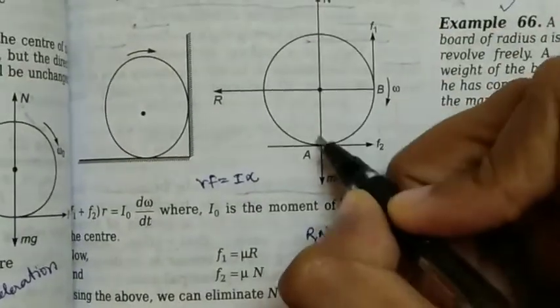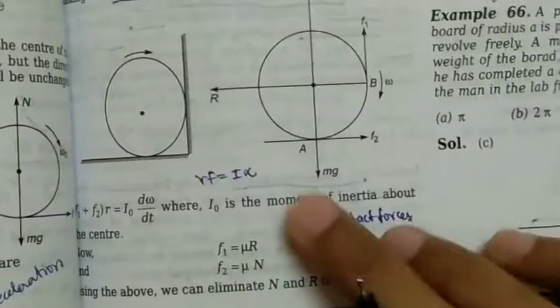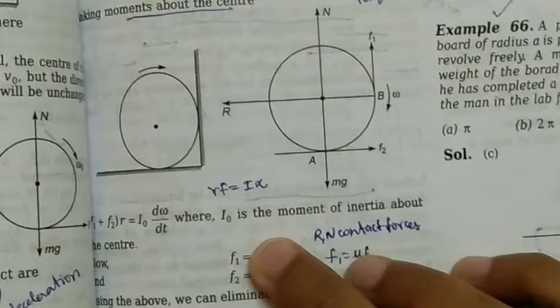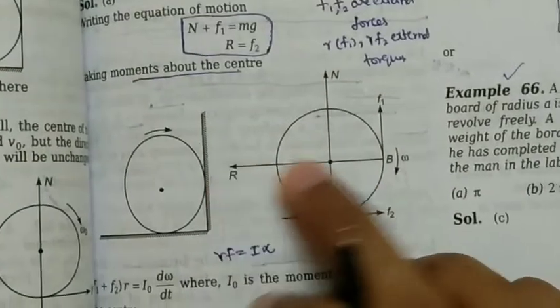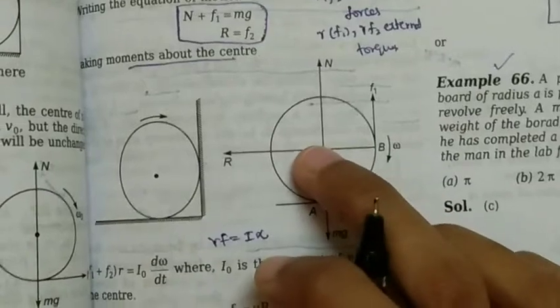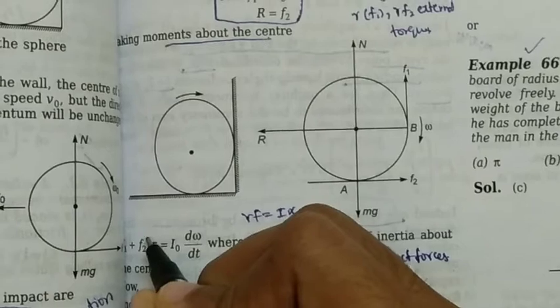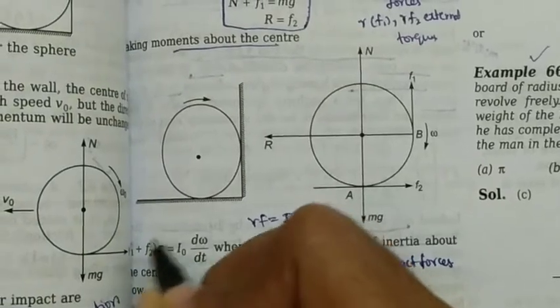Here small r is the radius of the sphere. We have already taken the reaction force as capital R, and if we took the radius as capital R as well we would get confused, so here small r is taken as the radius of the sphere.